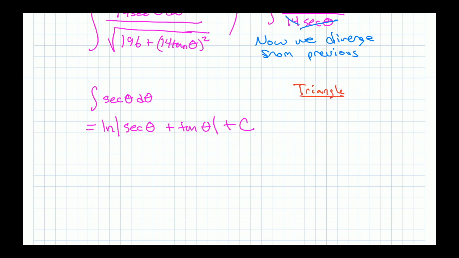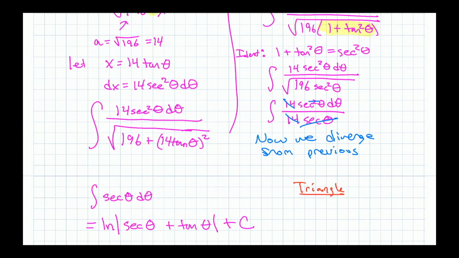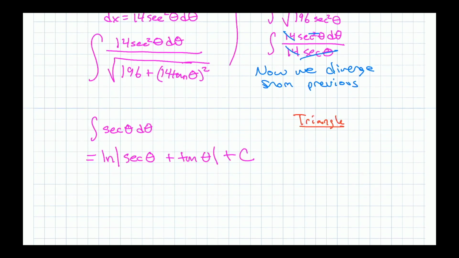So we need to know our substitution. What was it? It was x equals 14 tan theta. There it is. So x over 14 is tan theta. What sides of the triangle is that? Look it up. Opposite over adjacent, not hypotenuse, that's sine.